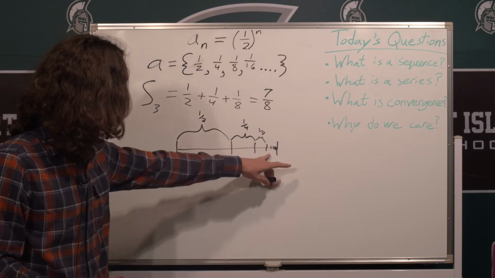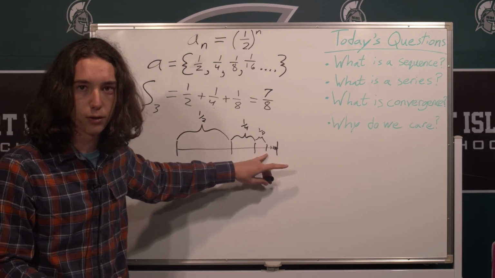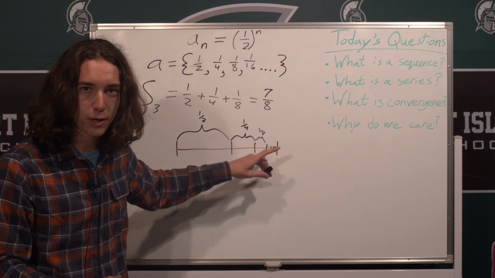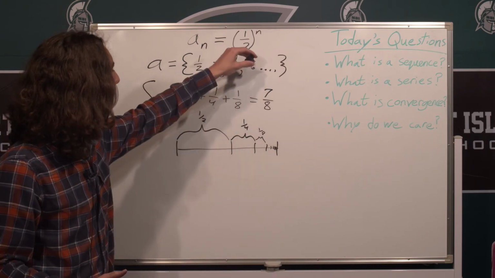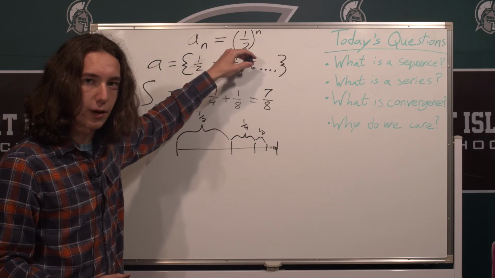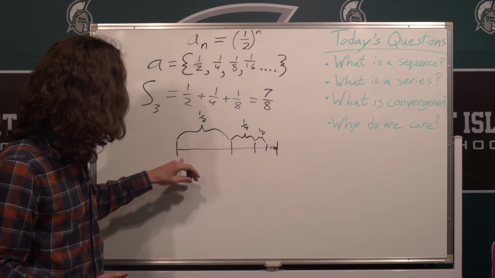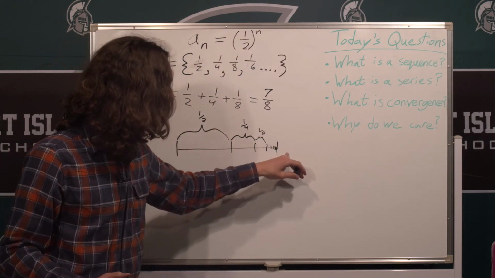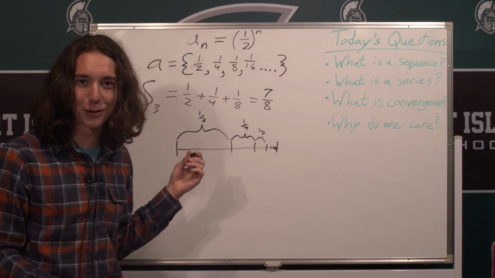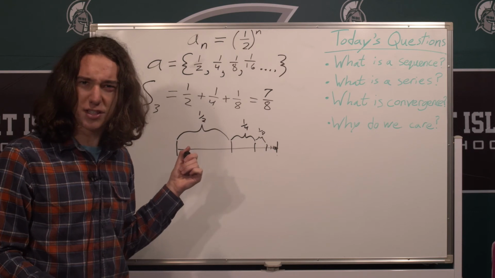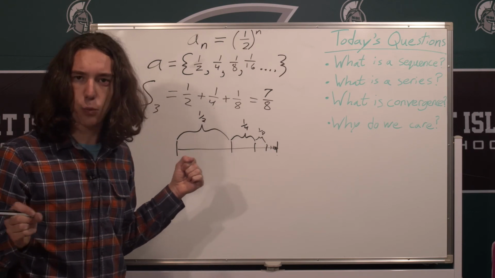You're never actually going to get all of the way. And so what this is saying is no matter how many powers of 1/2 you're adding up, as you approach the infinitieth step of your little journey, you're still not quite at 1.